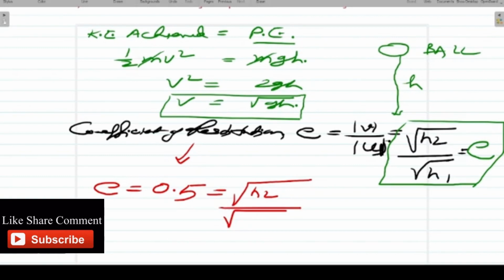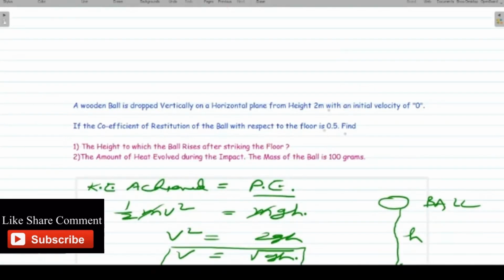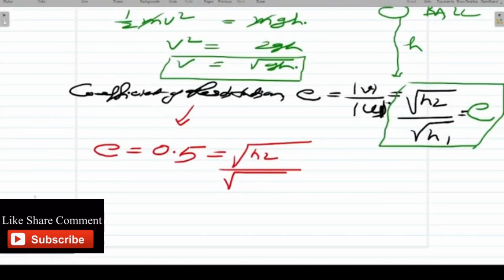And what is the value of h1? Here h1 is 2 meter, the initial height from which the ball is dropped vertically. We'll put the value over here.